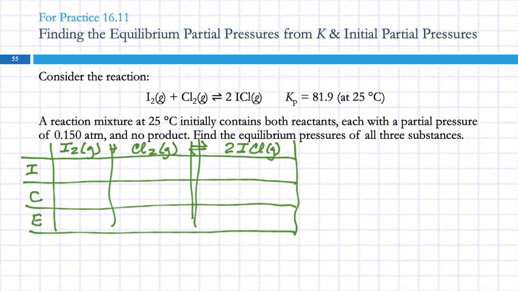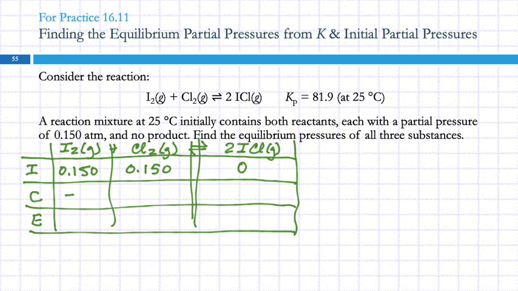Here we don't have concentrations, we have pressures. That's okay. Both reactants have initial pressures of 0.150 atmospheres. And it says there's no product. How does the pressure of I2 change?